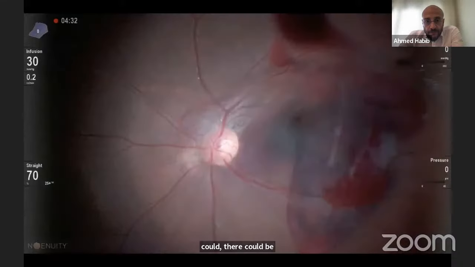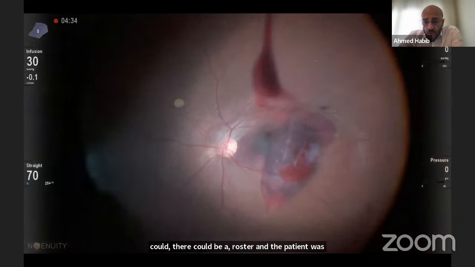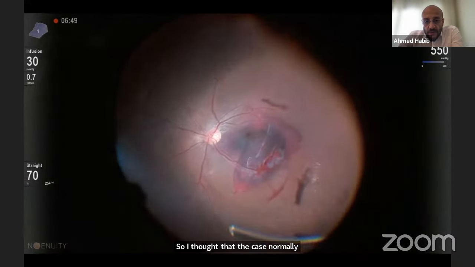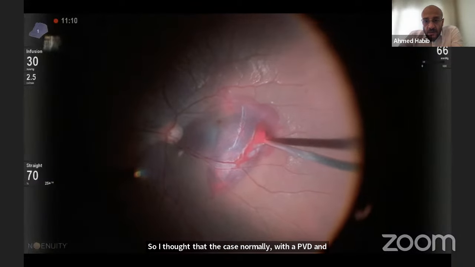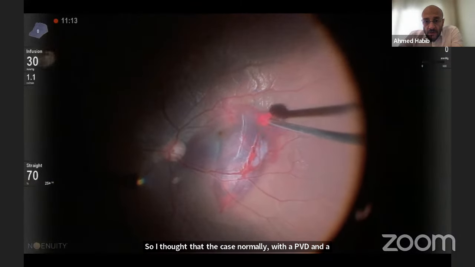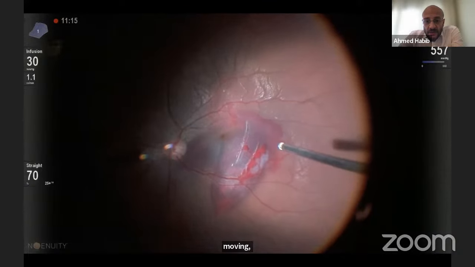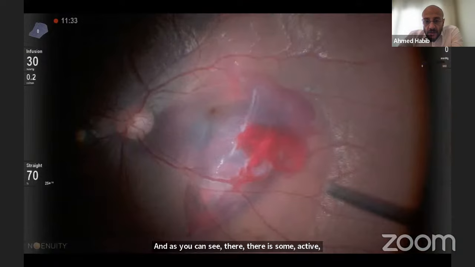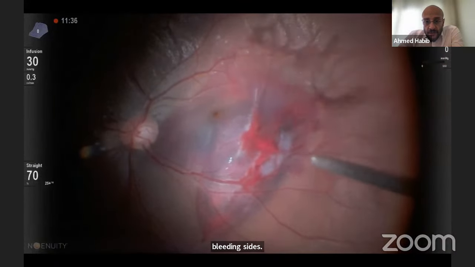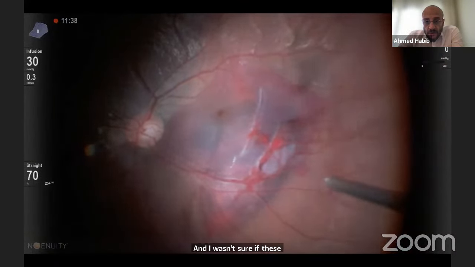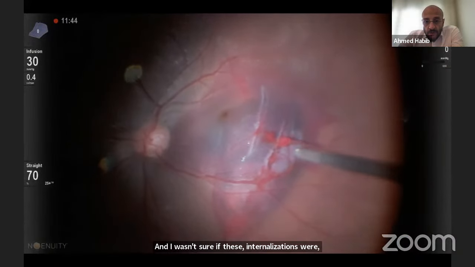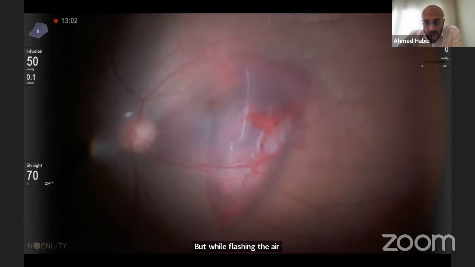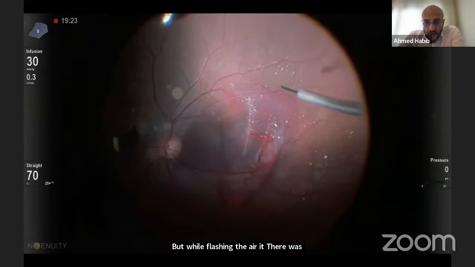So I started the case normally with PVD and removing the vitreous and removing some of the clots. And as you can see, there are some active bleeding sites. I wasn't sure if these retinal lacerations were through and through, but while flushing the air, there was a small through and through break in these lacerations.